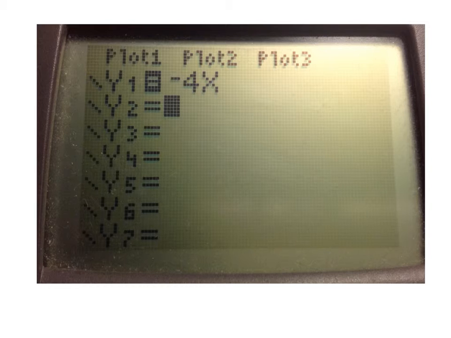The window button should be the second one from the left under the calculator screen. And if you hit that, it'll give you the ranges in there for your window. You want to make sure that your x min, usually about negative 10, and x max 10.